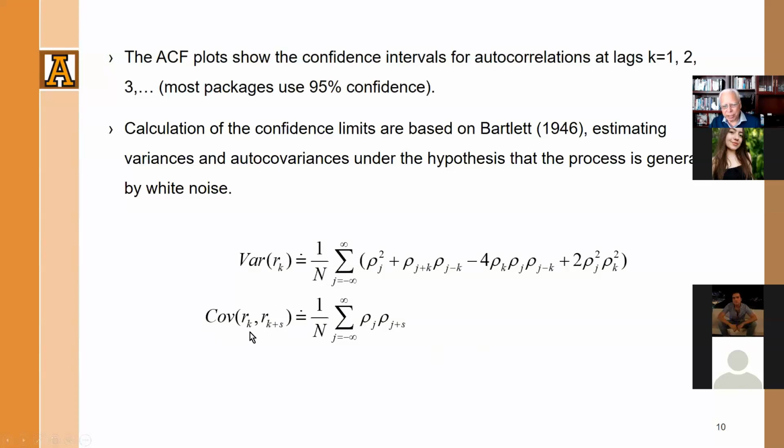And the covariance between r_k and r_{k+s} for any value of s is approximately 1 over n times the sum of rho_j and rho_{j+s}. Of course, we do not know rho, so we use the estimates. That's the approximation used to compute those confidence limits.